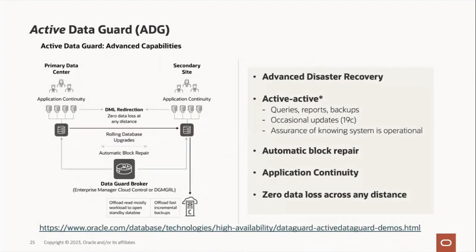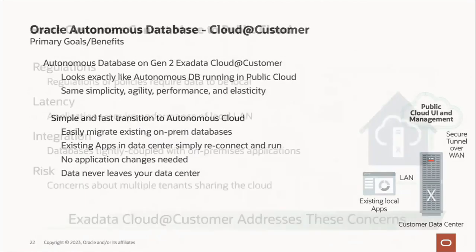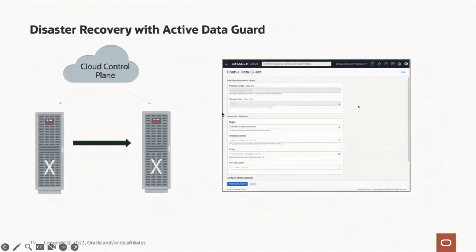And when we looked at autonomous a little bit earlier, we saw that there was a little menu, which you see right here, for enabling DataGuard on any of the managed services. That could be autonomous and Exadata. It's done programmatically for you within the UI.